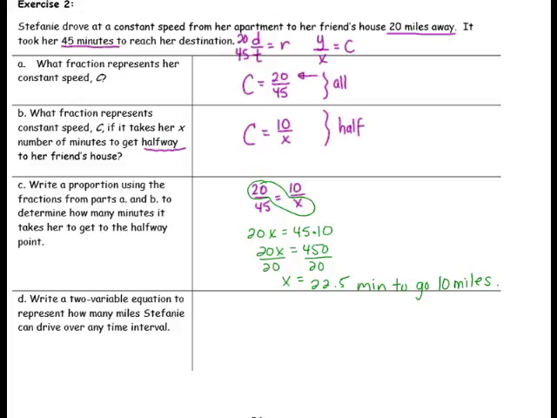Part D. Write a two-variable equation to represent how many miles Stephanie can drive over any time interval. Okay, so this is where we want to relate y to x. Remember that y equals blank x, where y represents the distance, x represents the time, and the coefficient represents the rate.